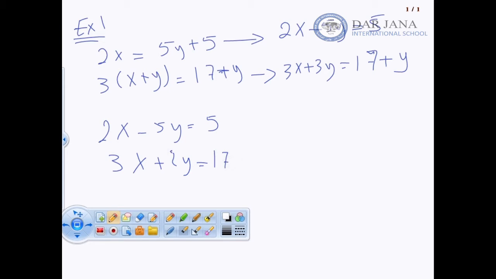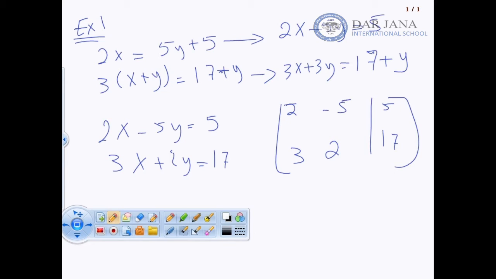Now we can write its augmented matrix. Don't forget the vertical bar that separates the coefficients of the variables from the constant terms. This is our augmented matrix.